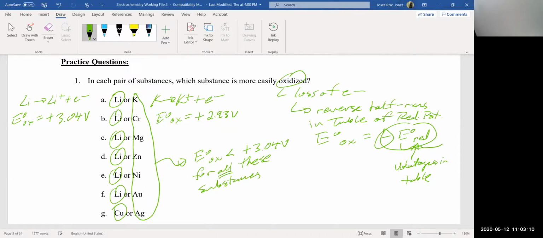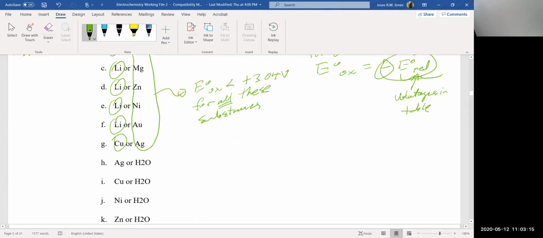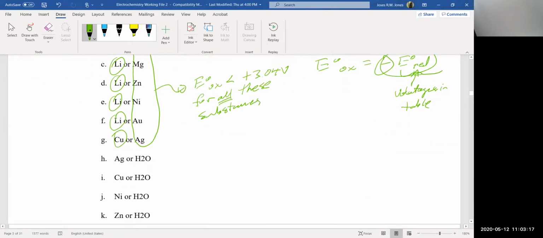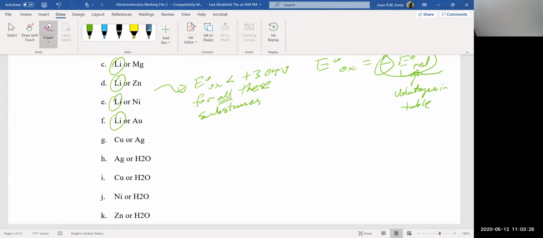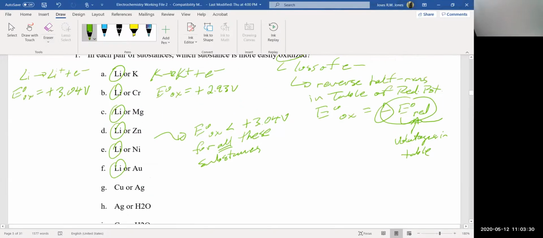That means they will be oxidized with more difficulty than lithium metal. What about copper? Oh, sorry, I shouldn't have gone all the way down here. That doesn't include that one right there. So that includes only up to gold over here.